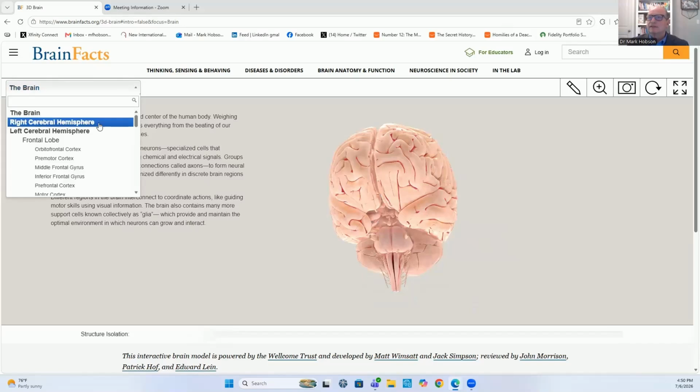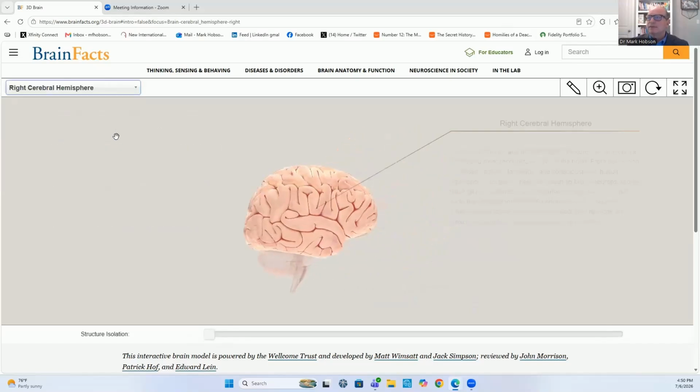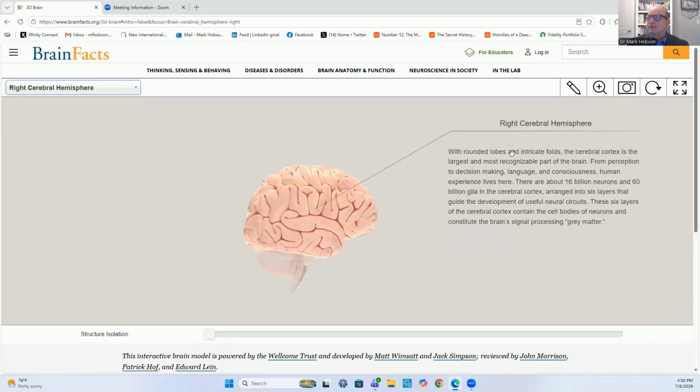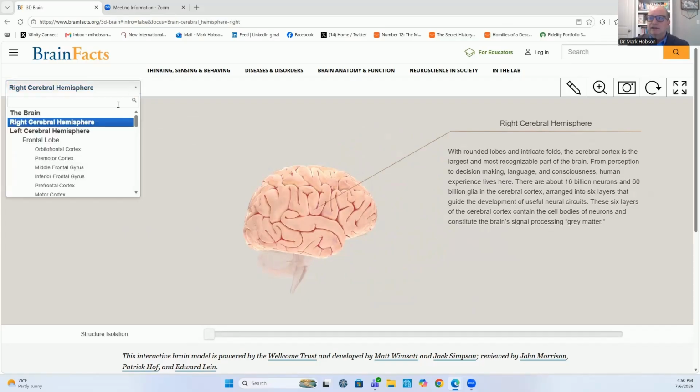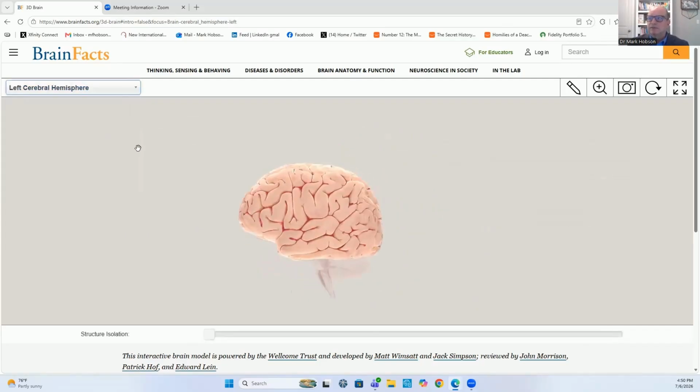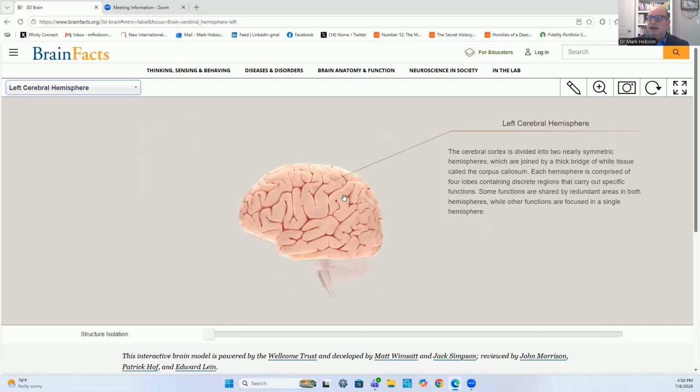Next, let's look at the right cerebral hemisphere. And we get an explanation for what happens in the right cerebral hemisphere, like there's 16 billion neurons here. Next, in the left cerebral hemisphere, we get an idea of how the cerebral cortex is divided into these two nearly symmetric hemispheres, and they're joined together by something called the corpus callosum that I mentioned earlier.